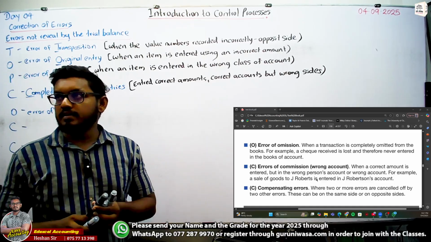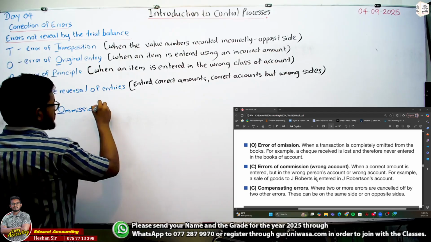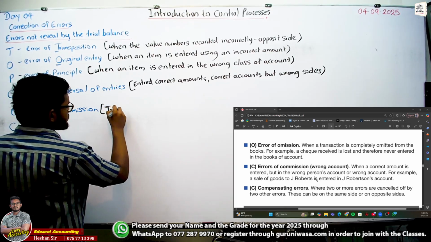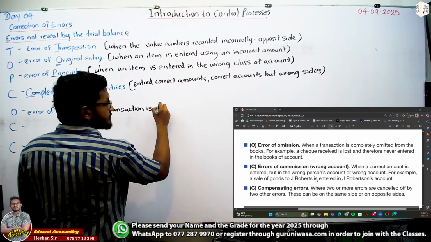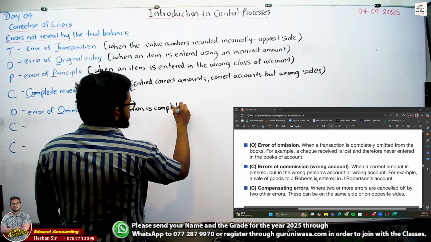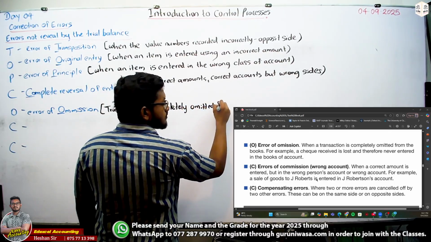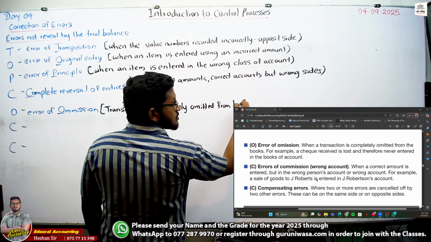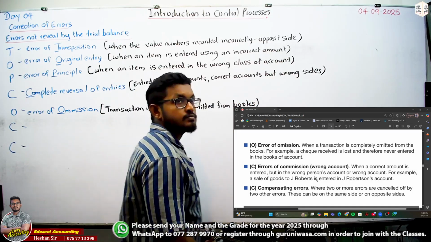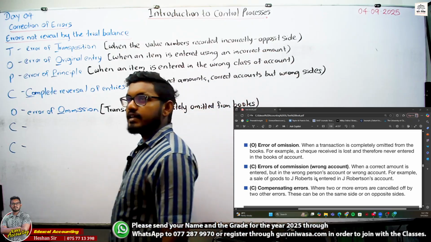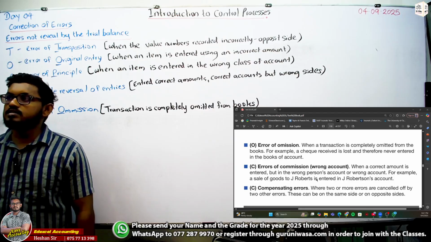So which means the trial balance still agrees, right? Errors of commission, wrong account. When the correct amount is entered, but in the wrong person's account or wrong account.